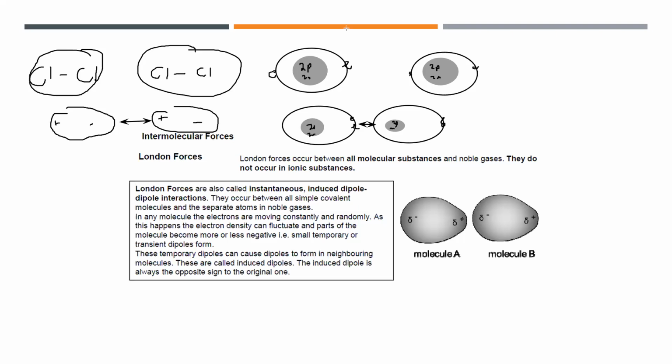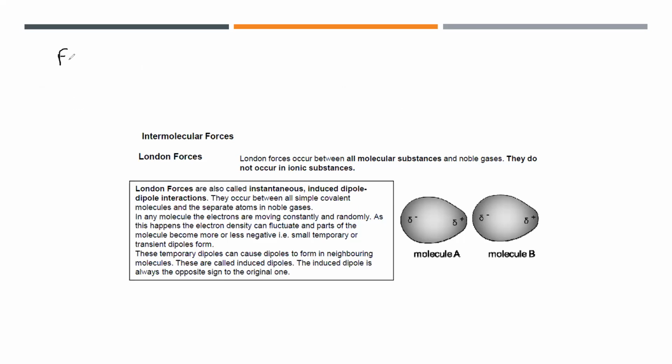So if a question is, as we go down the group, like we have fluorine, chlorine, bromine, iodine, why is the boiling point or melting point increasing? The reason is there are more electrons. So the London dispersion forces or weak van der Waals forces get stronger as the number of electrons and size increases.